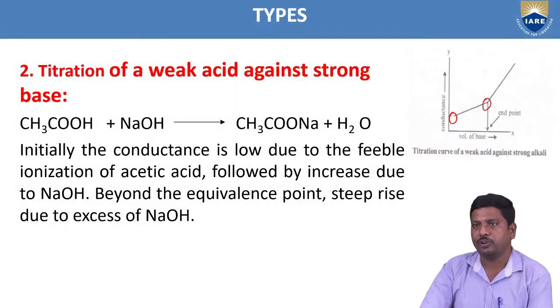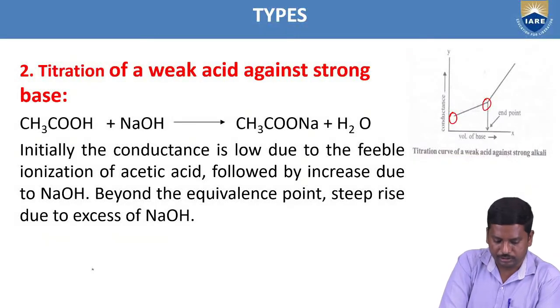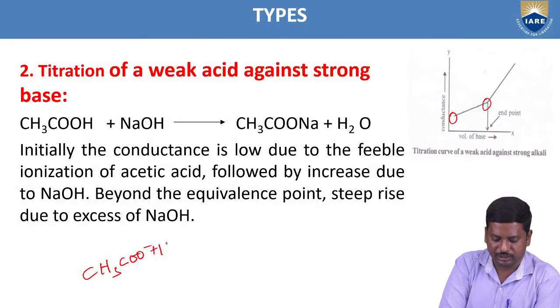But after the end point, what happens? Because of the presence of sodium acetate, it gives a high ionization constant. That means it can easily dissociate into individual ions. So whenever the polarity develops, the mobility also develops and the conductivity also increases. Initially we start with acetic acid, CH3COO minus plus H plus ions.